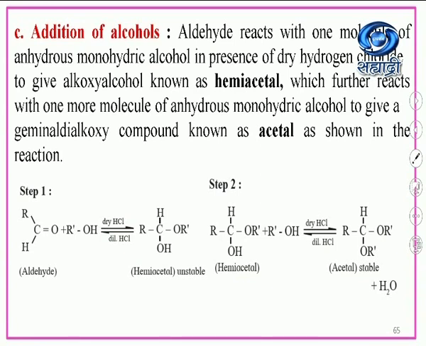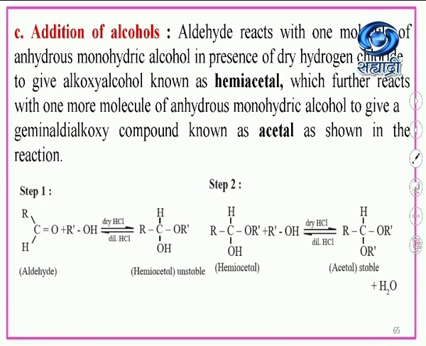So in step 1 there is a single alkoxy group, and in the step 2 product there are two alkoxy groups. When there is only one alkoxy group, that is known as a hemiacetal, and when there are two alkoxy groups, it is known as an acetal, and a water molecule is formed.